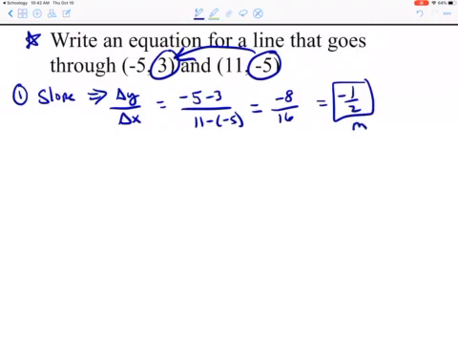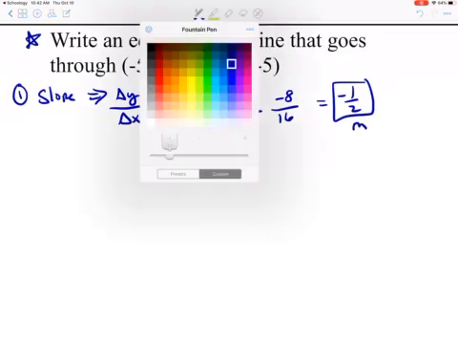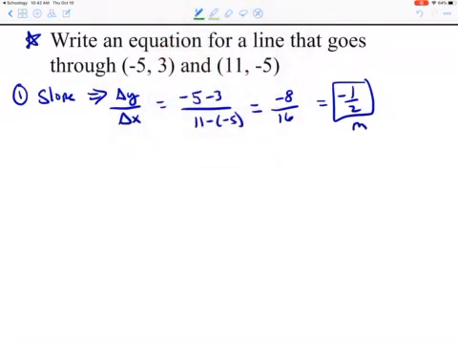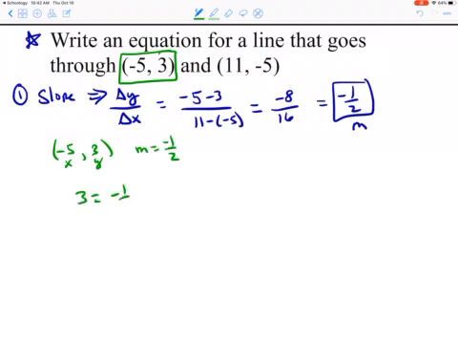The next thing I need to do is pick a point, because I'm going to put it in either point slope form, or I'm going to just use y equals mx plus b and go from there. I'm going to use that point. So I'm going to have negative 5 as my x, 3 as my y. And I know my slope is negative 1/2. So I plug those in, I get 3 equals negative 1/2 times negative 5 plus b. This allows me to solve for my y-intercept of b.